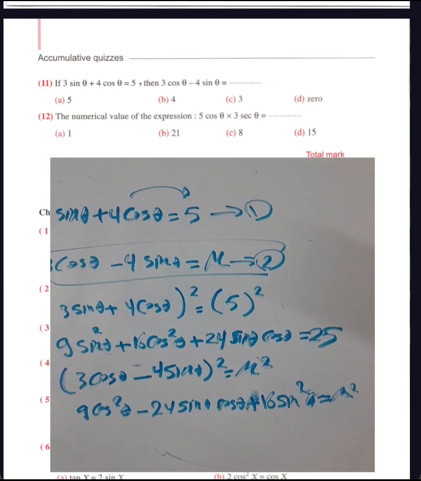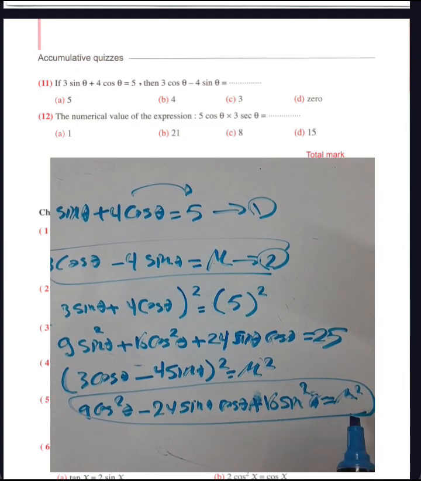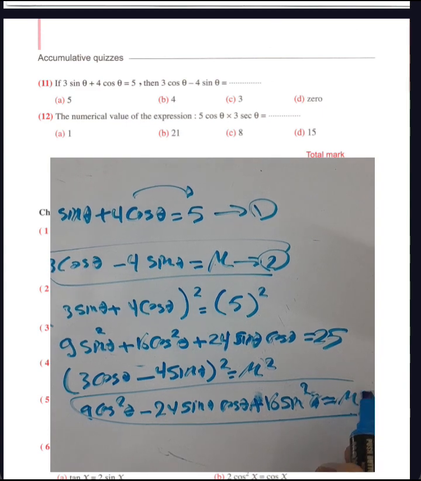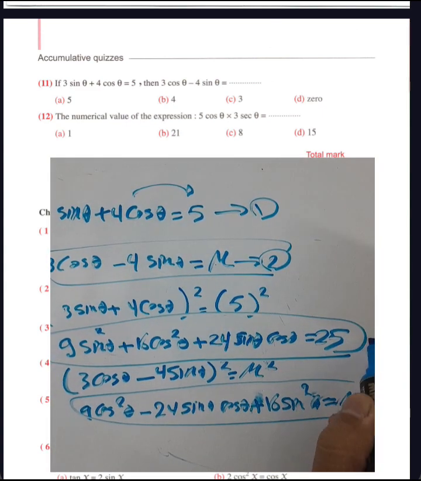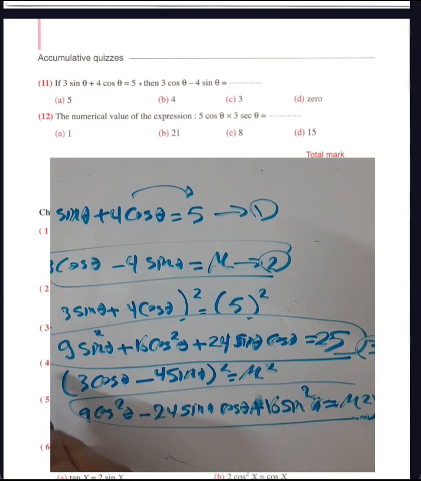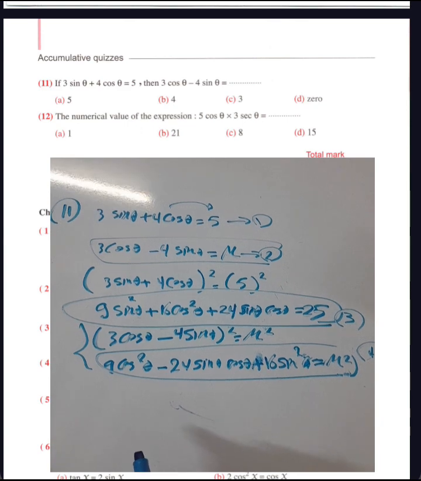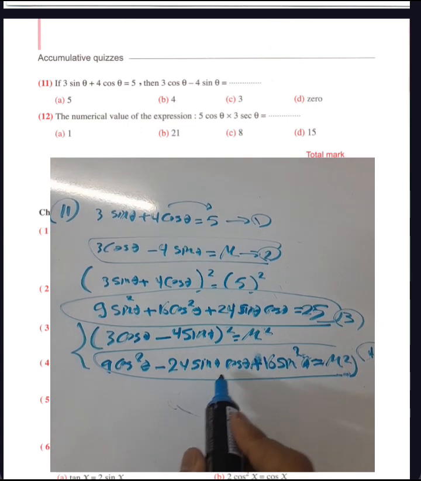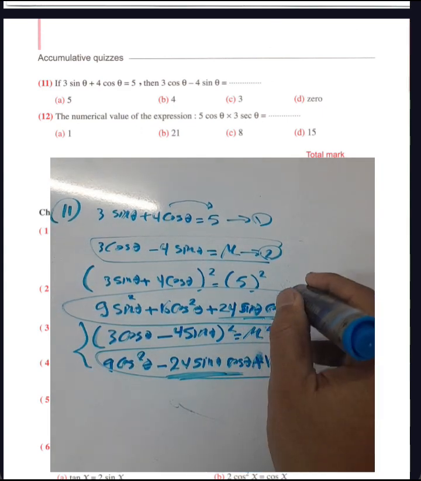And then we have relation number 3 and relation number 4. You can add them, left hand side with left hand side and right hand side with right hand side. We have negative 24 and positive 24, we can cancel them.